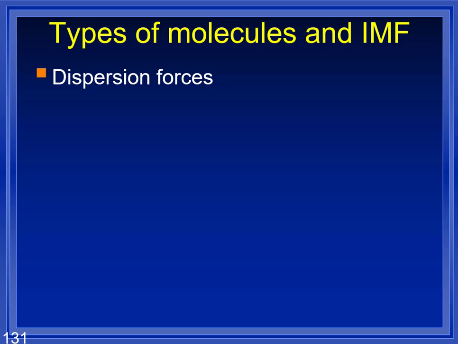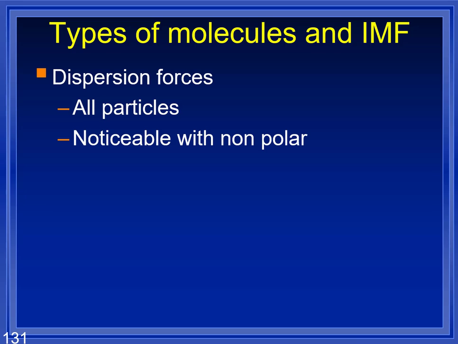So it takes electrons. What kind of molecules have electrons? Every molecule. So every molecule can do dispersion forces. But that's all nonpolar can do. So if it's nonpolar, you're only going to see dispersion forces. If it's polar, you're going to see dispersion forces and dipole interactions.